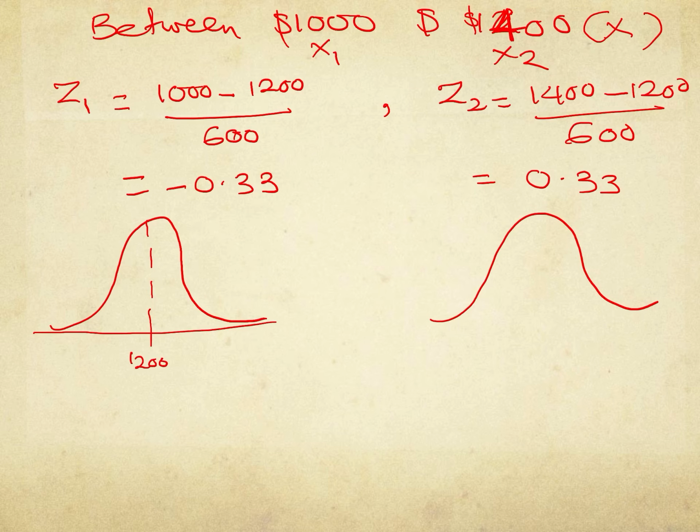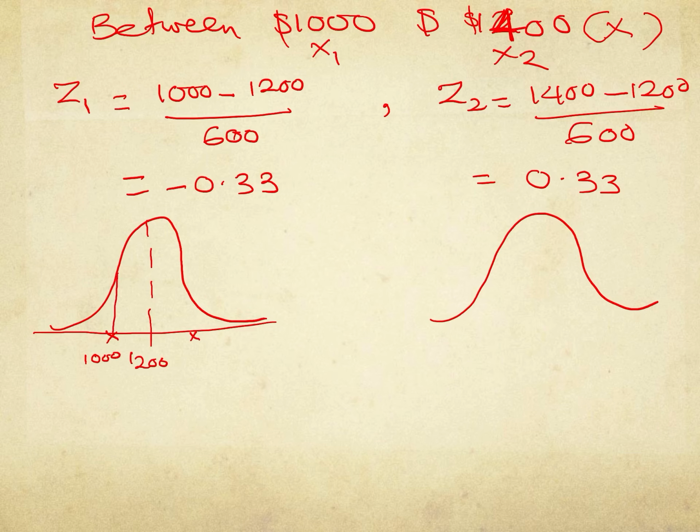Remember, that's the average. 1,000, since 1,000 is less than 1,200, where would it be? It would be on the negative side. So it will be here. So that's why you have the minus value there. And then 1,400 is greater than 1,200, it will be on this side.